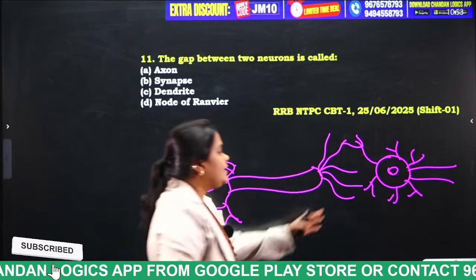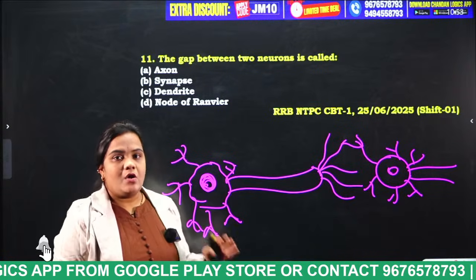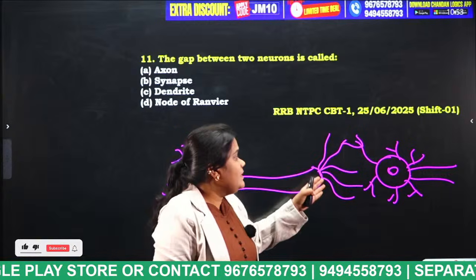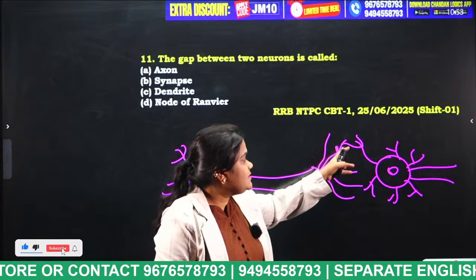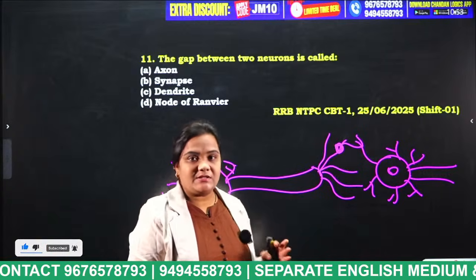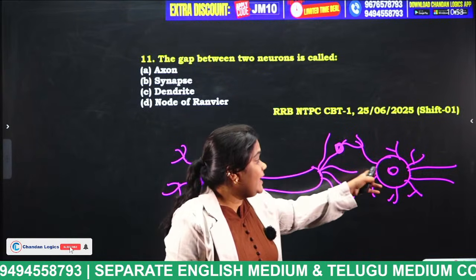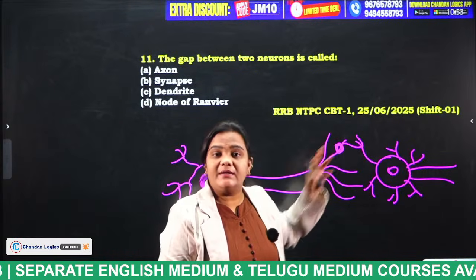See, this is one neuron and this is one neuron. Look at this diagram. So here are the terminals. These axon terminals are connecting to the other neuron's dendrites.